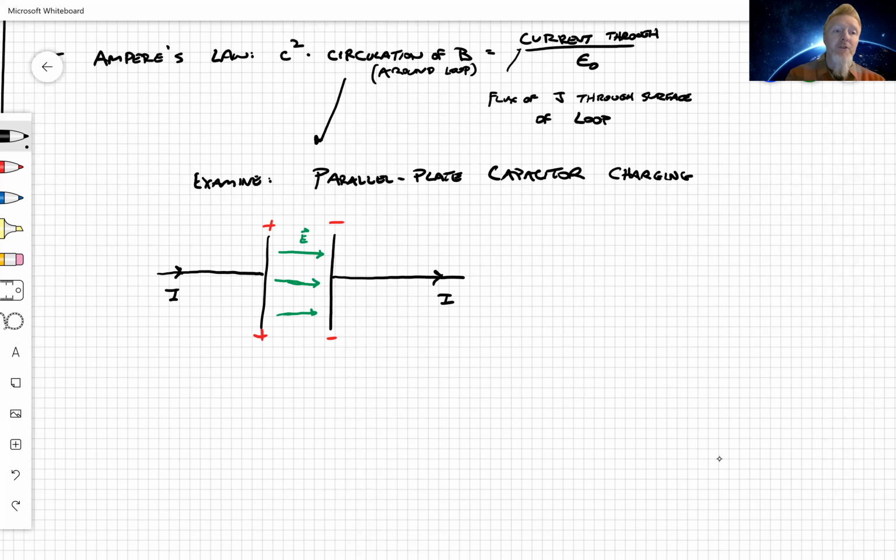Okay, so what I'm going to do is, let's do this right now. I'm going to put a loop around this wire here, just like that. And I'm going to examine the B field around this wire.